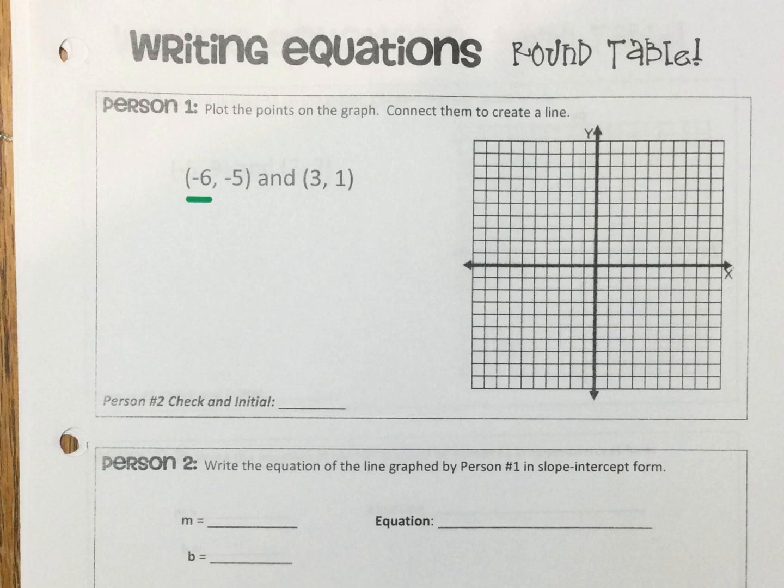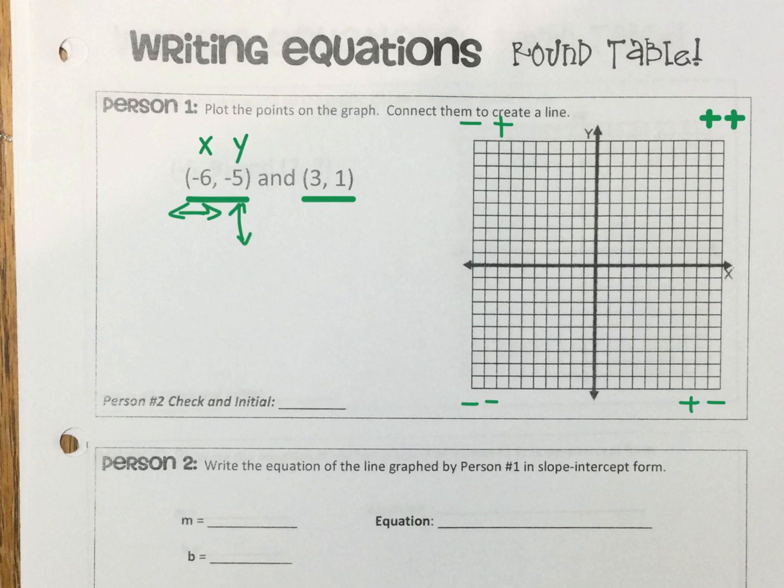So I have to plot 2 points, (-6, -5), and remember everything in this box is positive. Everything in this one is negative, positive, negative, negative, positive, negative. So when we graph, remember these are our x's, these are our y's, these are side to side, and these are always up and down.